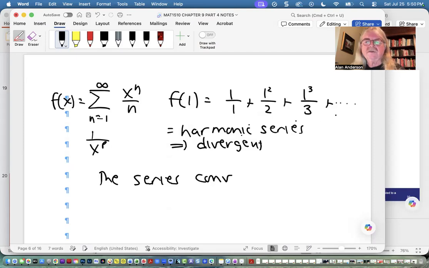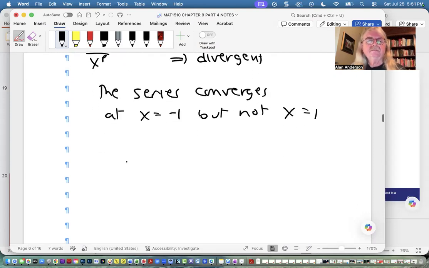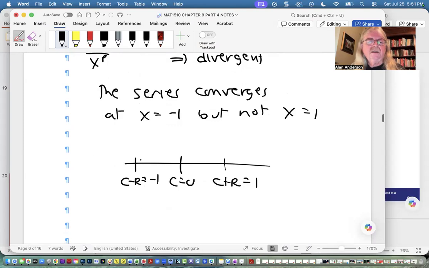See, this one is just going to go to infinity at x equals 1, but not at x equals -1. So here it's a yes, and here it's a no.